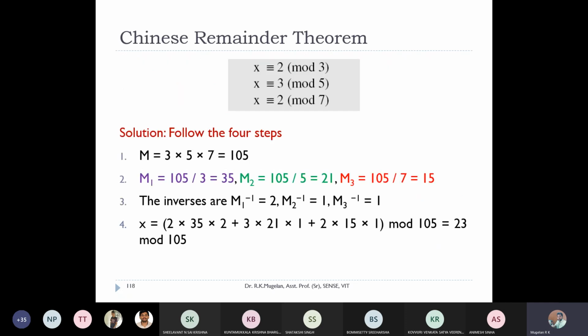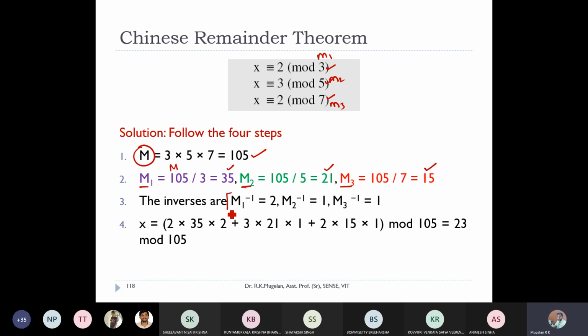So if you see this example, in the first step you have to find the common modulus m. The common modulus m is 3 times 5 times 7, which gives 105. Then I compute capital M1, capital M2 and capital M3, which is nothing but capital M, 105, divided by your small m1, m2 and m3. So 105 by 3 gives 35, 105 by 5 gives 21, and 105 by 7 gives 15.